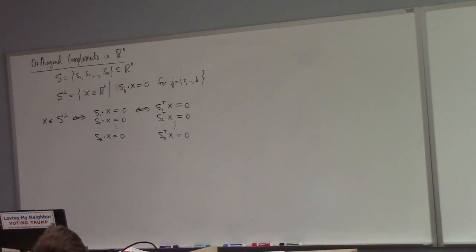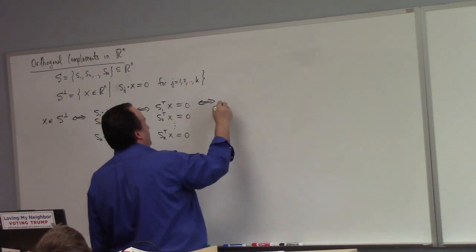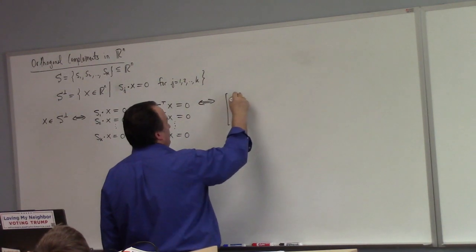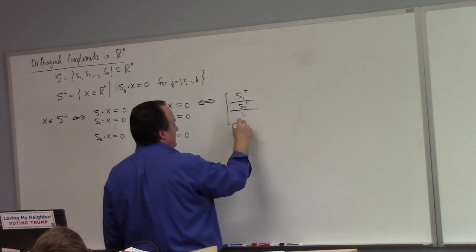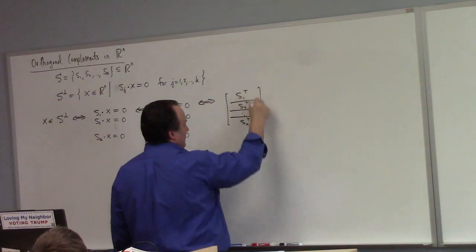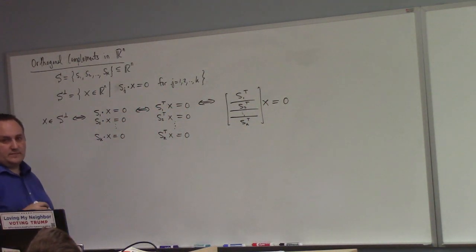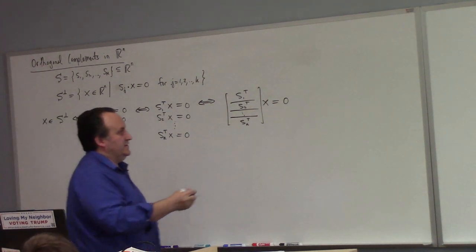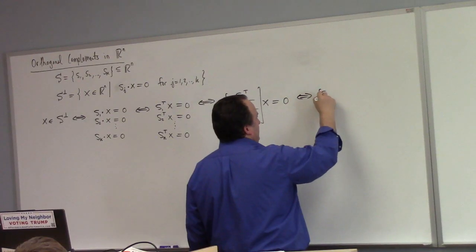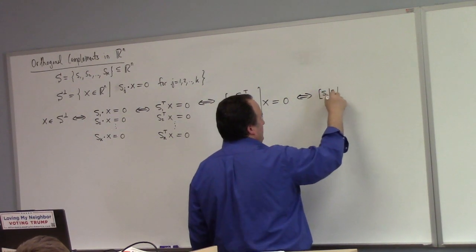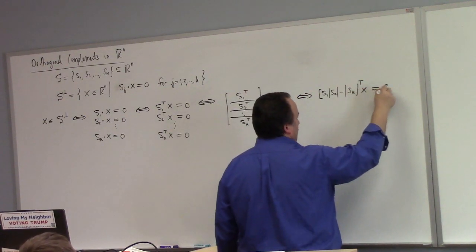They're row vectors, which means you can trade this for simply the statement that the matrix with rows S1 transpose, S2 transpose, through Sk transpose, times x is equal to 0.